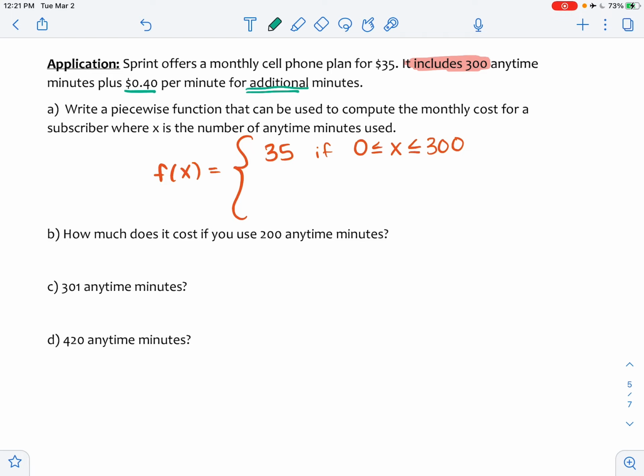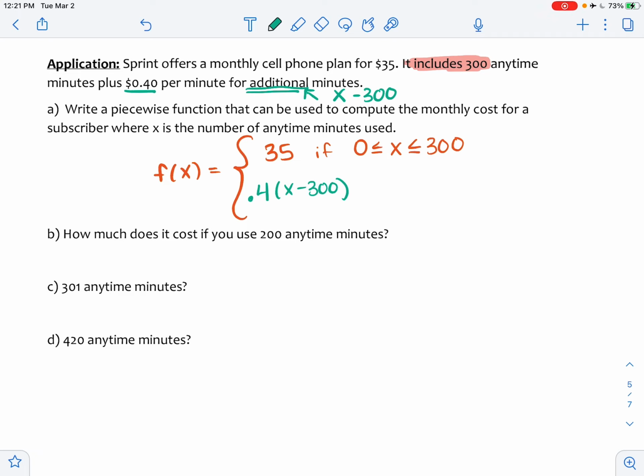How could I find how many minutes I went over 300 if I talked for x amount of minutes? So in order to find the additional, what we will do is we'll take x, the number of minutes that we use, and subtract the 300 minutes that we got for free. And then I want to multiply those additional minutes by 0.4 because I need to add 40 cents for each additional minute.